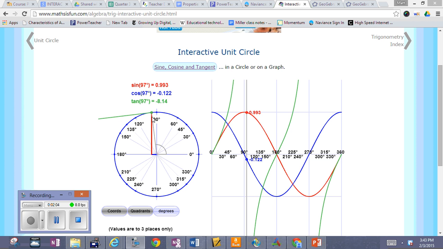At 150, I'm back to a sine value of 1/2. So my sine curve is at a height of 1/2 at 150 degrees rotation. My sine value hits 0 at 180, as you can see.